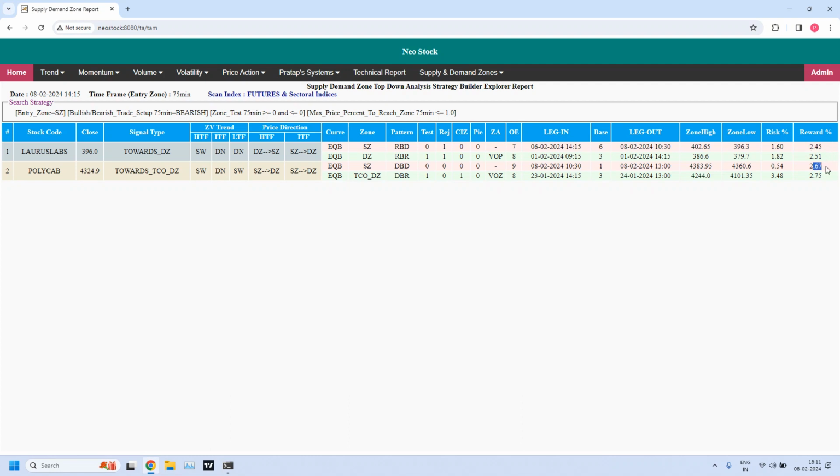Another one is 2.67. Probably you have a good RR here. And here if you want a good RR, you need to fine tune the zone. Then probably you will get 1:3 or 1:5 RR. But your reward is 2.4 and 2.6, close to one is 2.5% and another one is close to 3%.